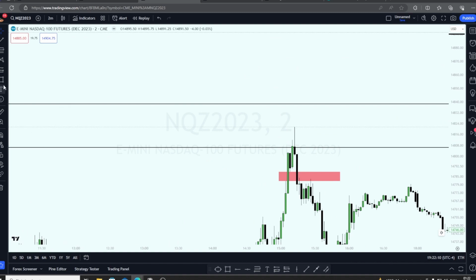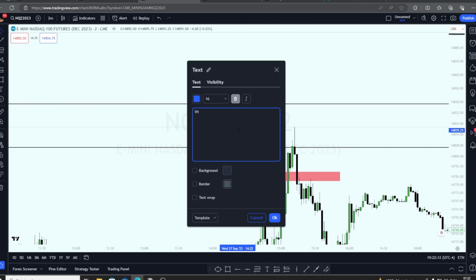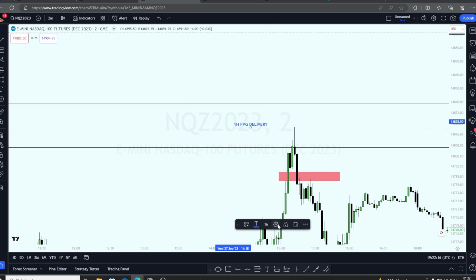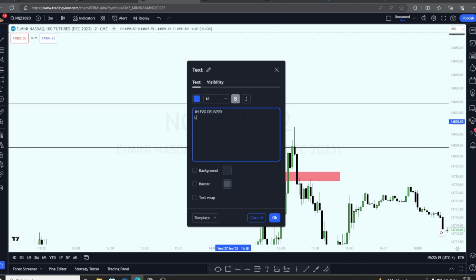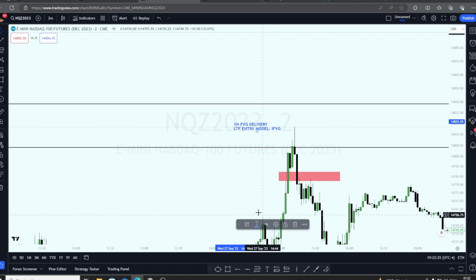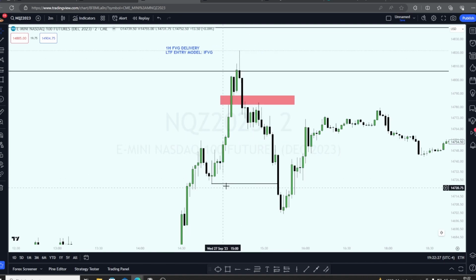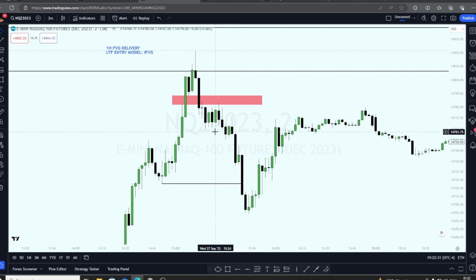So again, let me write it out. 1 hour fair value gap delivery, lower time frame entry model, inversion fair value gap, right? And then we target internal liquidity right here. That's the obvious point. In my eyes, if we inverse this, we go here, right?